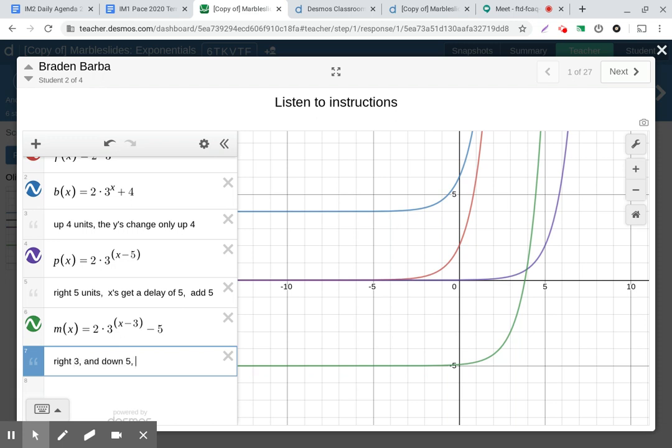Yeah, right. And what changes? The X's change by 3, and the Y's change by 5. So are the X's gonna go down by 3 or up by 3? It says minus 3, but it goes to the right. So up by 3. So you're gonna say add 3, right? And then Y's subtract what? 5. Subtract. Okay.